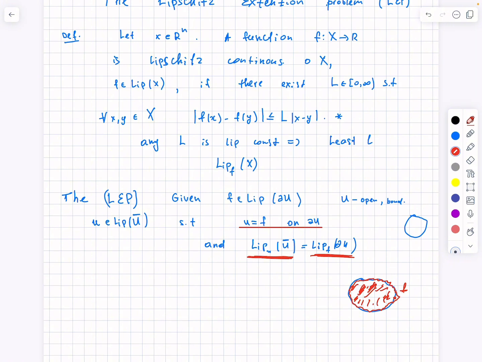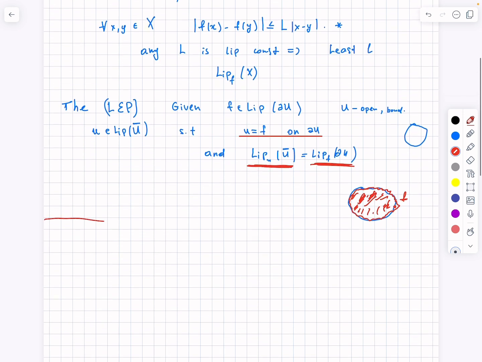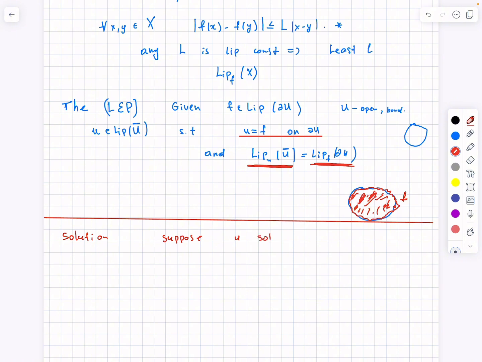Okay, let's solve this problem. This is the Lipschitz extension problem. How will we solve it? Suppose there exists such u which solves the Lipschitz extension problem.